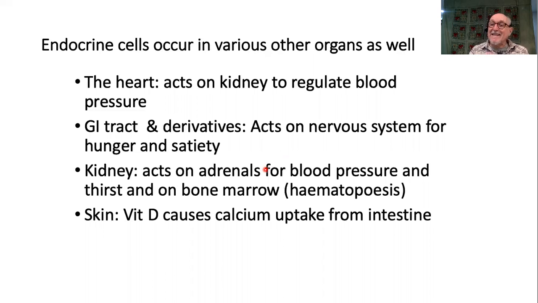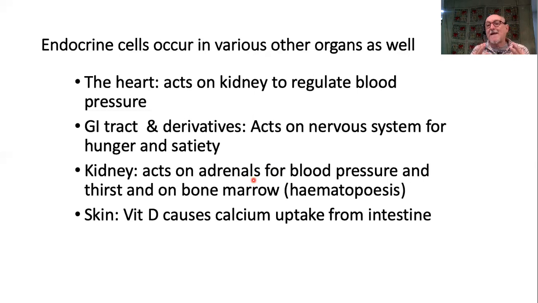The kidneys themselves are endocrine glands, and they interact especially with the adrenal glands to regulate blood pressure. But the kidneys also release hormones which produce the sensation of thirst.